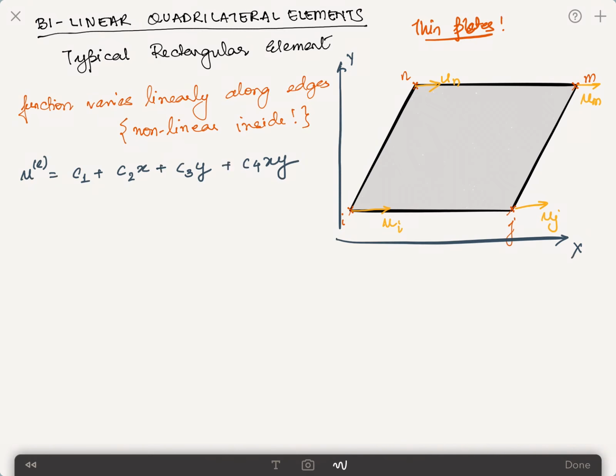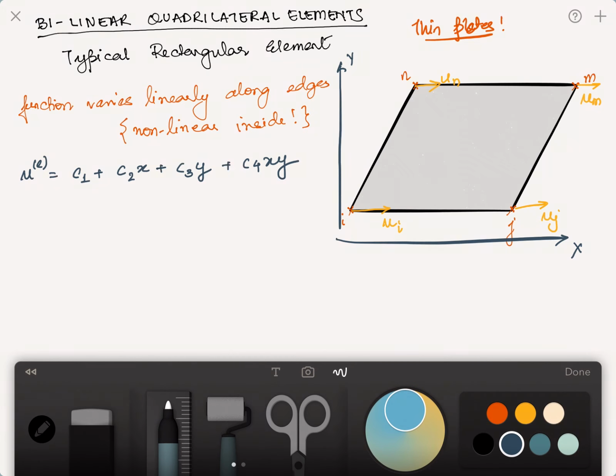Now, if I consider a local coordinate system, x and y, then I will have certain directions. If I know the distances, like if this edge is L and this edge is given as W, then I can enforce certain conditions.